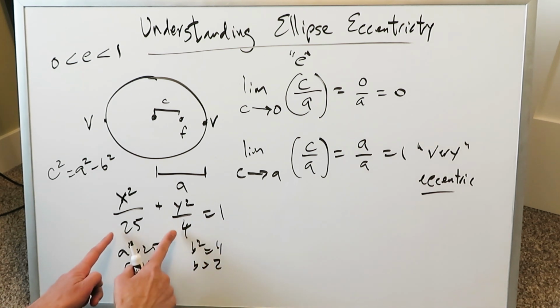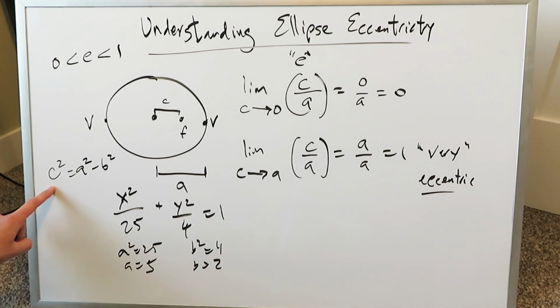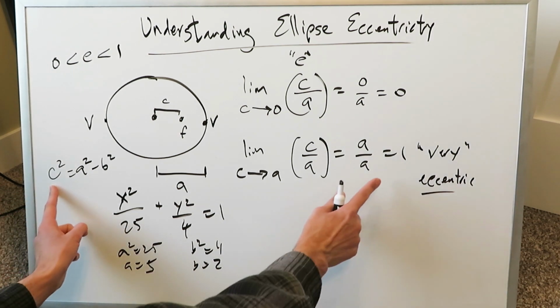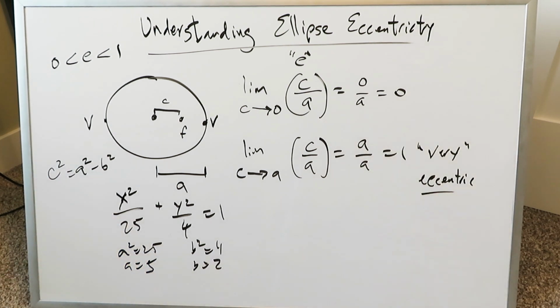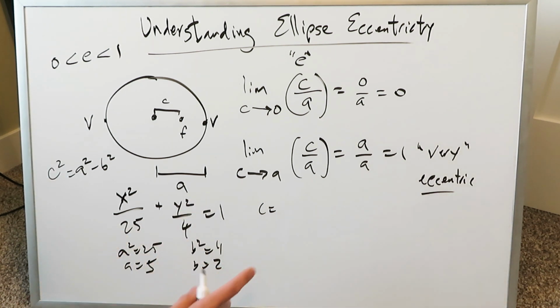Look at the disparity between these two, 25 and 4, or 5 and 2. These are very large differences between these numbers, and those differences will show up in this formula, the c determination. If you were to calculate the c over here, and you don't even have to do it, just by the visual disparity between these two numbers, you know you're looking at a very eccentric ellipse.